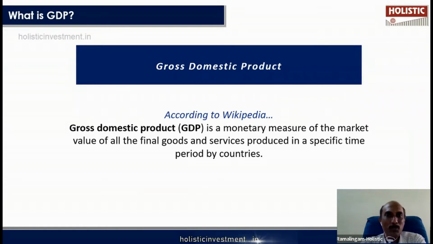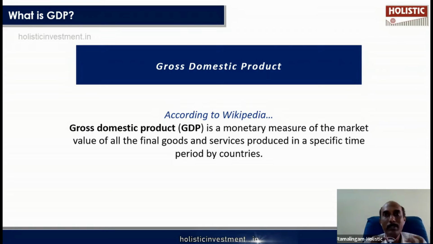GDP, gross domestic product, is a monetary measure of the market value of all final goods, all finished goods and services produced in a specific time period by countries. What is India's GDP? Within the boundaries of India, in one particular financial year, how many finished goods and services are produced?